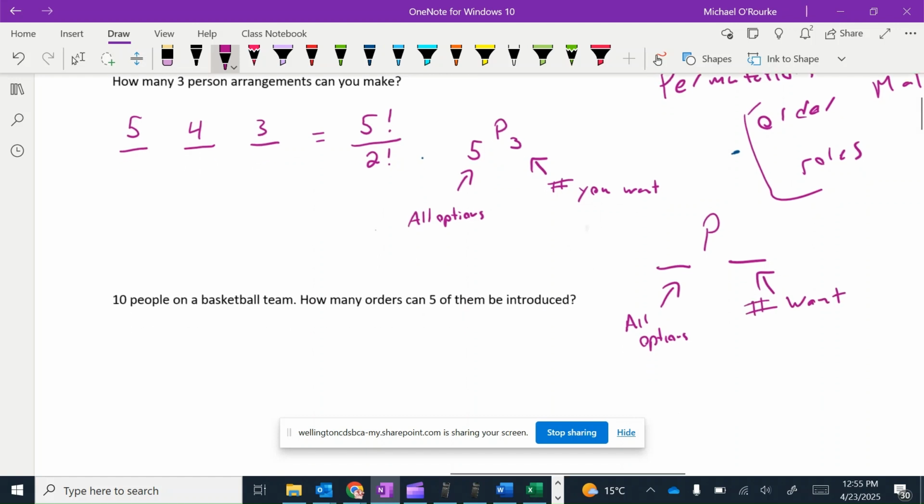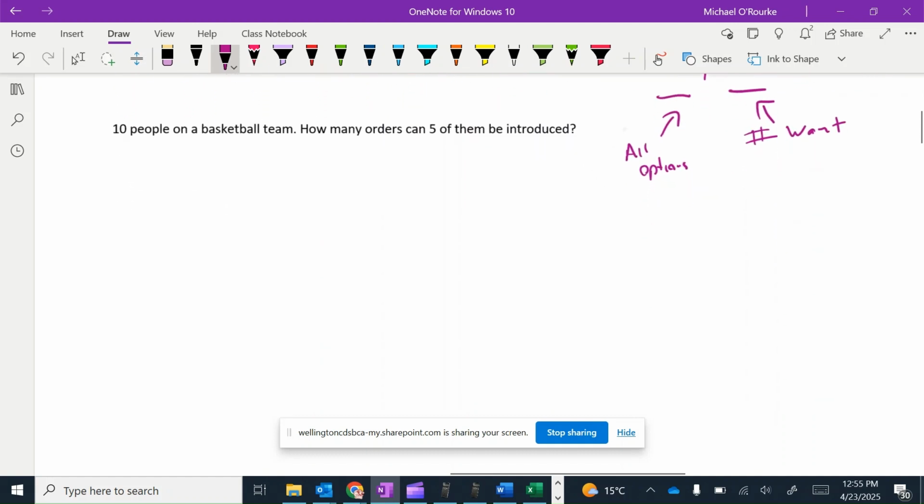For this one here, if I had 10 people on a basketball team, how many orders of 5 can be introduced? If I did it like we did factorials, we have 10 options, then 9 options, 8, 7, 6. If we want to look at it as a permutation, I have 10 players, and I want to introduce 5 of them.